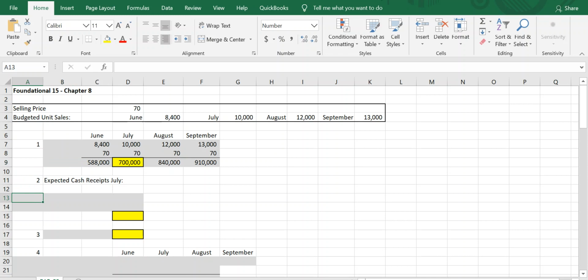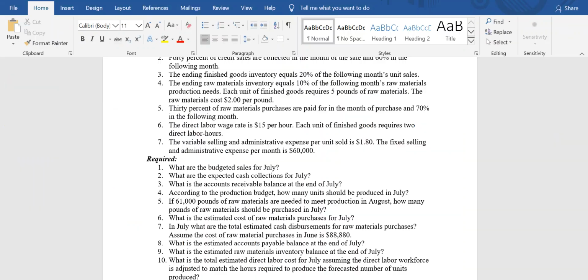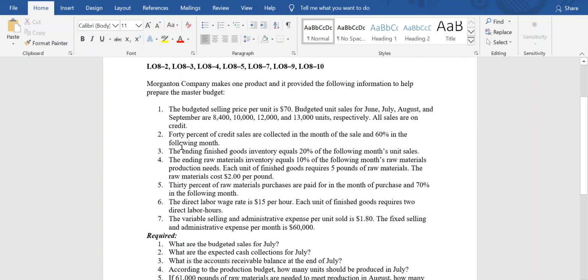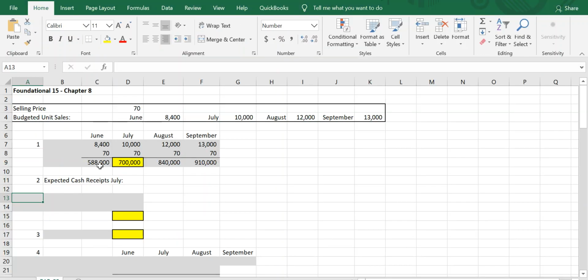For number two, we go to number two on this sheet, and it says, what are the expected cash collections for July? If we look at the explanation up here, in the month of sale we collect 40%, and in the month following the sale, we collect 60%. That means we are going to collect some money from the June sales.